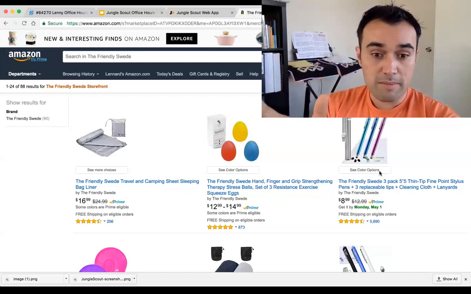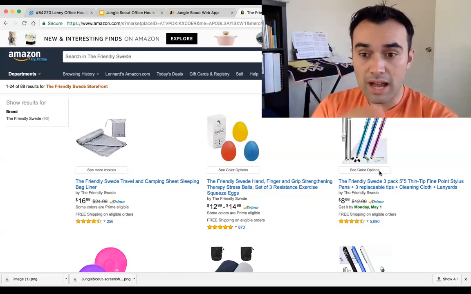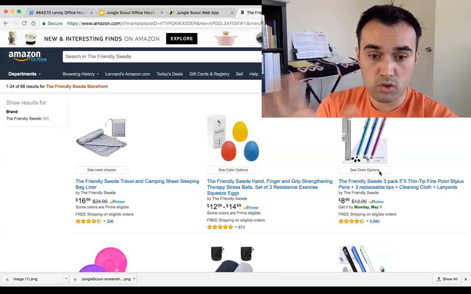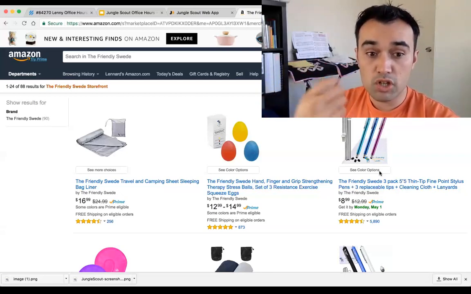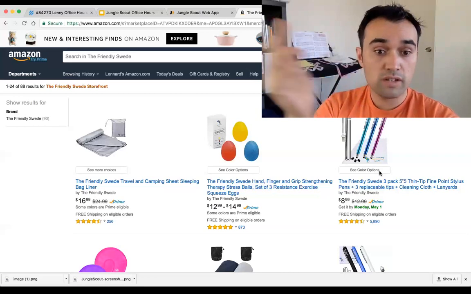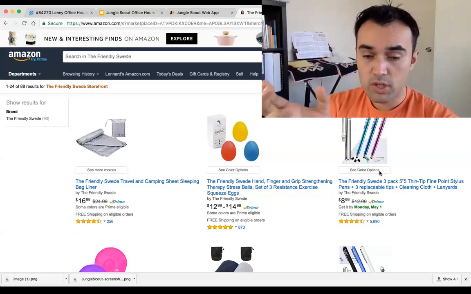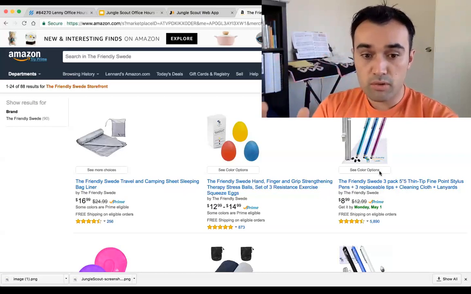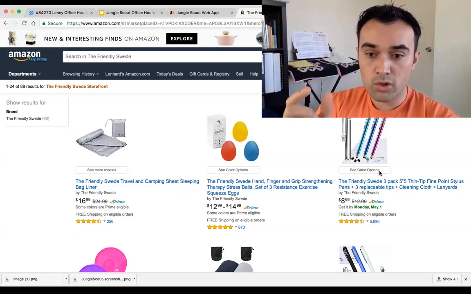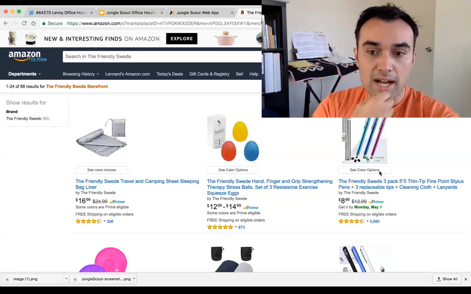I recommend trying Splitly out. If you're having troubles with a product doing well, you could try Splitly to test two different main images or to test some different prices out. If you've done all that and the profit margins are still very, very low, then I would recommend pulling the plug on that product.